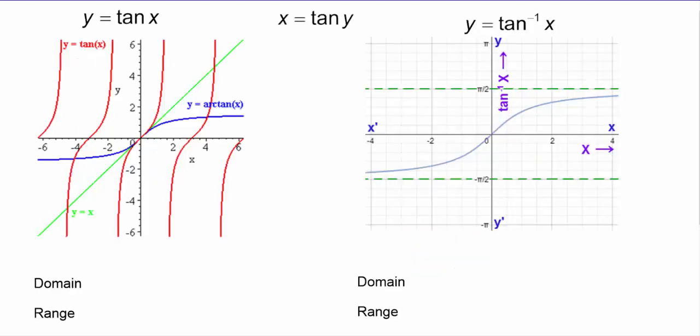Tangent's a little bit different story. Again, here's the graph of tangent, and then in the blue is the inverse, and here is the inverse function, again all isolated by itself. You'll notice its answers fluctuate between negative pi over 2 and pi over 2. And then the domain in this case ends up being all reals.